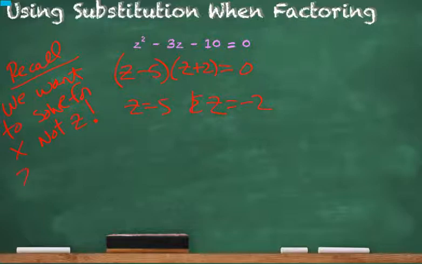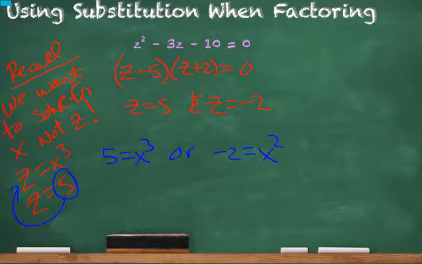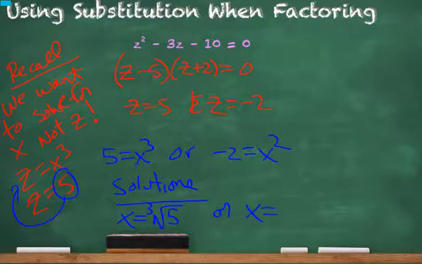So we said, well, if z is equal to x cubed and z is equal to 5, we're using substitution again. This is called back substitution. We can take this 5 and plug it back into here and say that 5 is equal to x cubed, or negative 2 is equal to x cubed, and we get our solutions. x is equal to the cube root of 5, or x is equal to the cube root of negative 2.